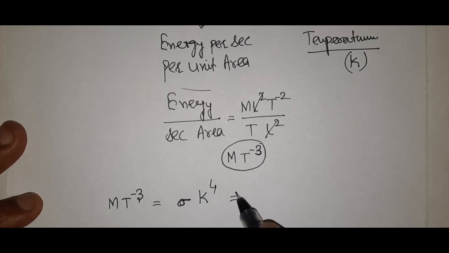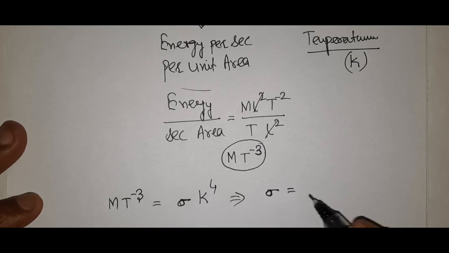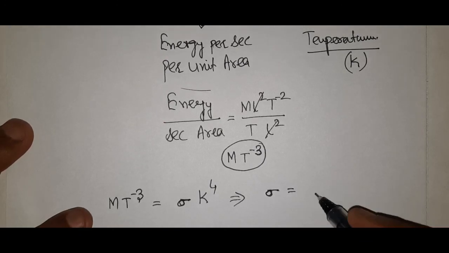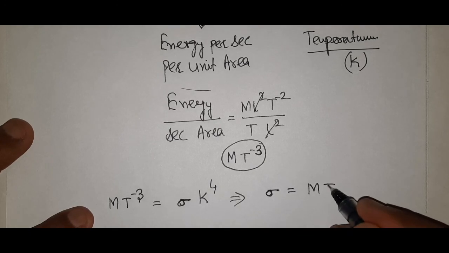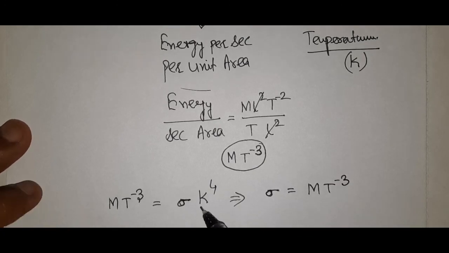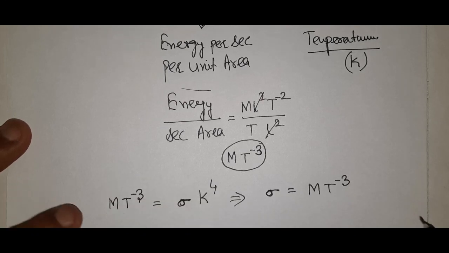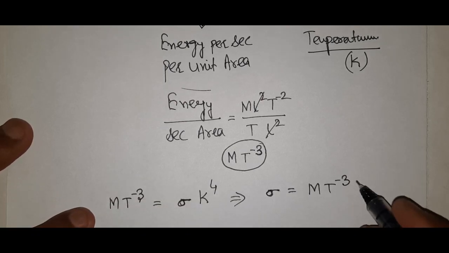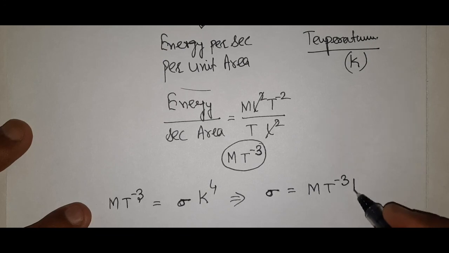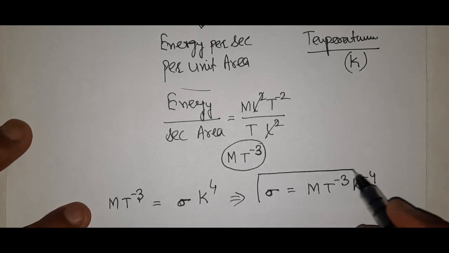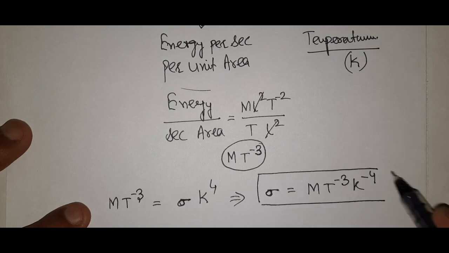This implies sigma, that is Stefan's constant, has a dimensional formula MT minus 3. The K plus 4 will be going downside, so when it goes in the numerator the power will change, it will be negated, K minus 4. So this is your Stefan's constant's formula. One more thing you have learned.